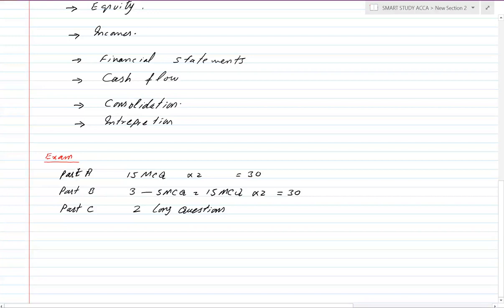These questions will be on interpretation or final accounts, meaning P&L or statement of financial position, or on consolidation. So this is your paper pattern. Long questions will cover 40 marks in your exams.